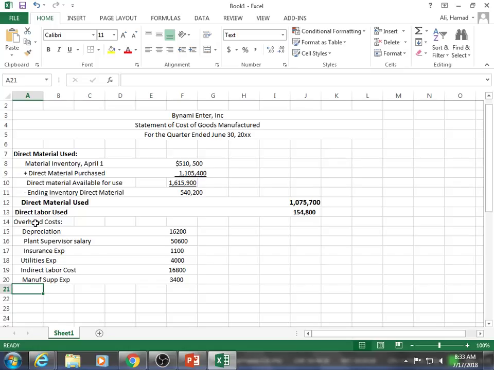What other indirect costs include? Small tools expense. Small tools expense, that's correct. All right, how much is that? 1,500. 1,500.